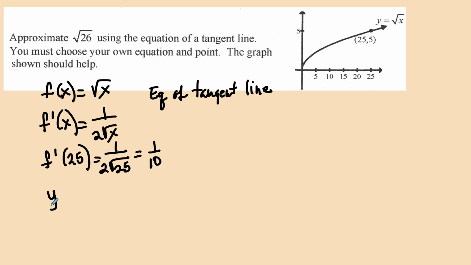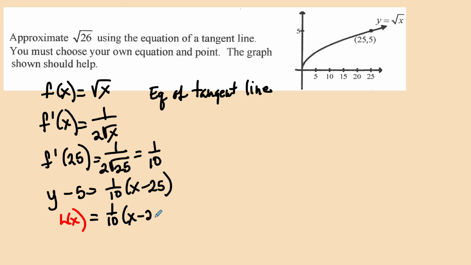So it'll be y take away 5 equals 1/10 times x minus 25. And again, my y, I'm going to call it L of x, and it stands for the tangent line, and that's going to be 1/10 of x minus 25 plus 5.